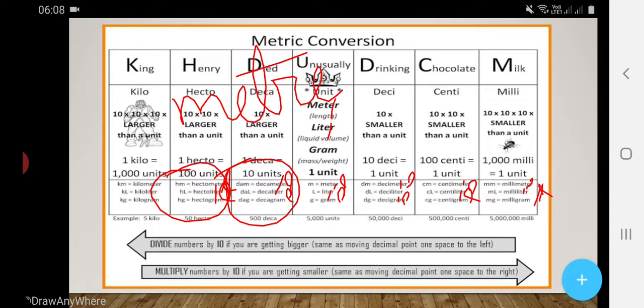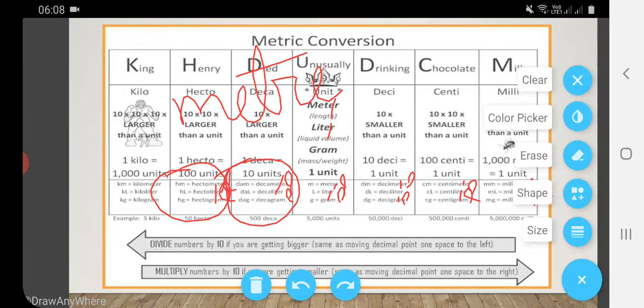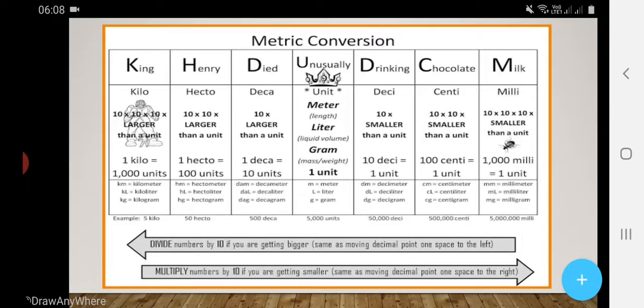For example, 5 kilo, 50 hecto, 500 deca, 5000 units, 50,000 deci, 5 lakh centi, then milli. Milli is 50 lakh.